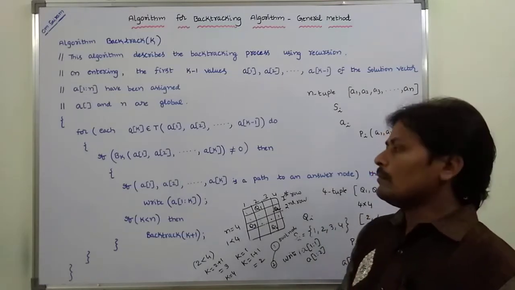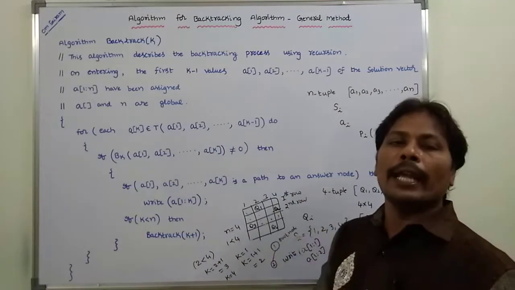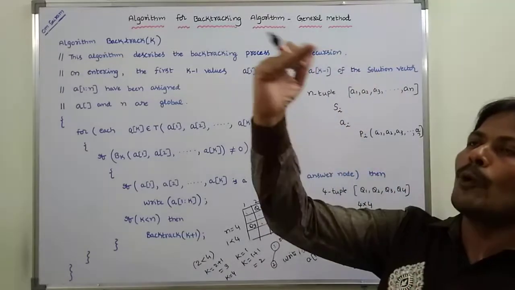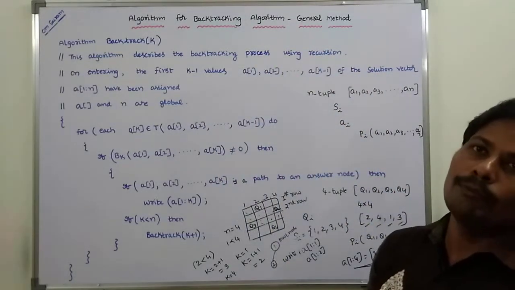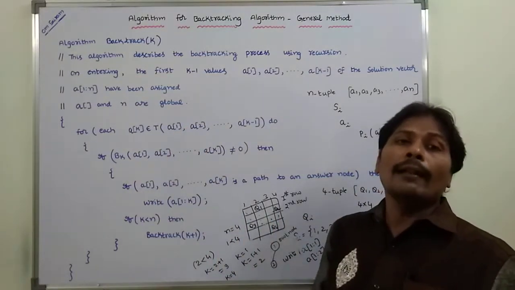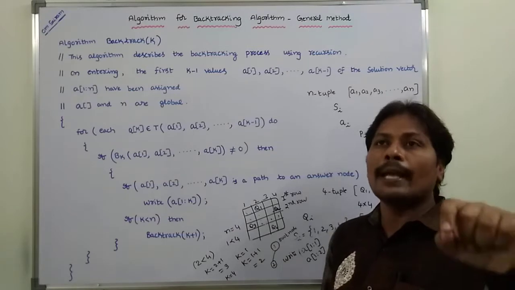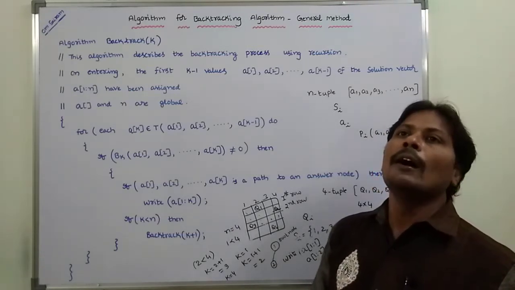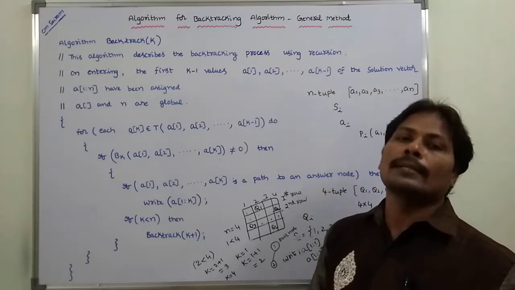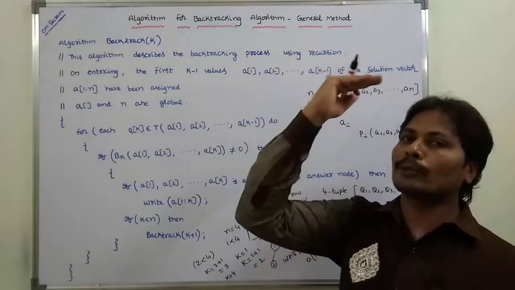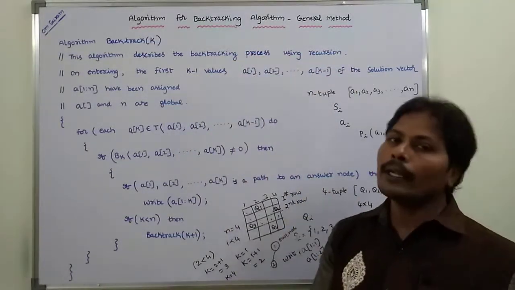If it satisfies the bounding function, then we have to draw the state space tree from root node to this answer node. So this procedure is repeated until all 4 queens can be placed on 4x4 chessboard. Once we are getting the 4 queens column numbers, we have to get the total state space tree from root node to the answer node.